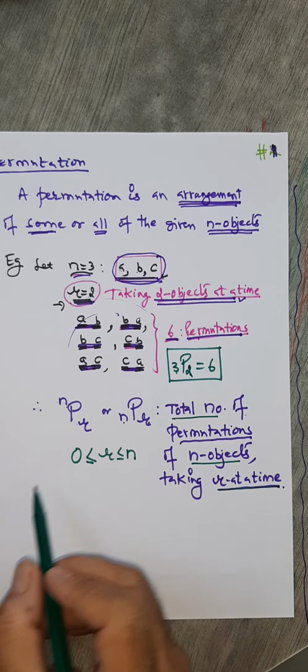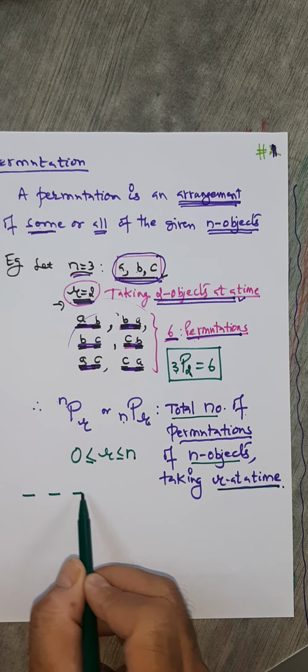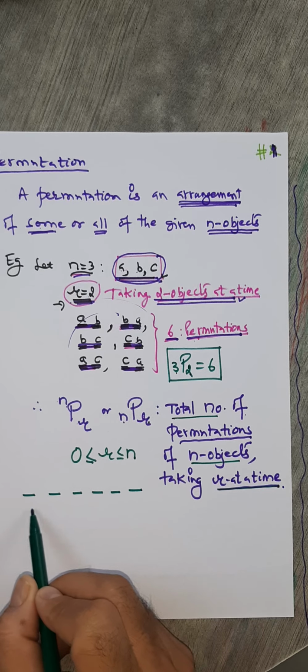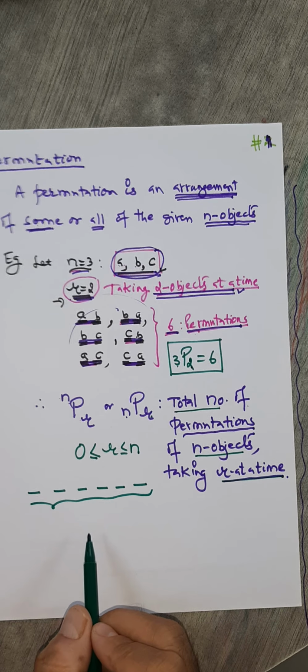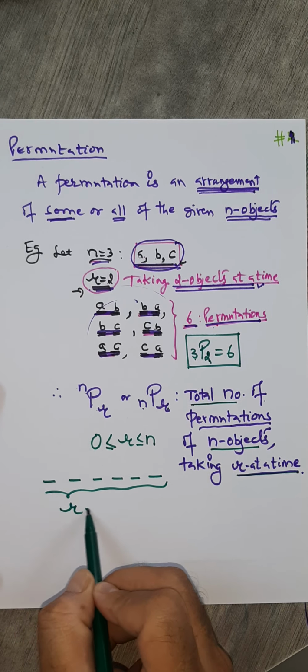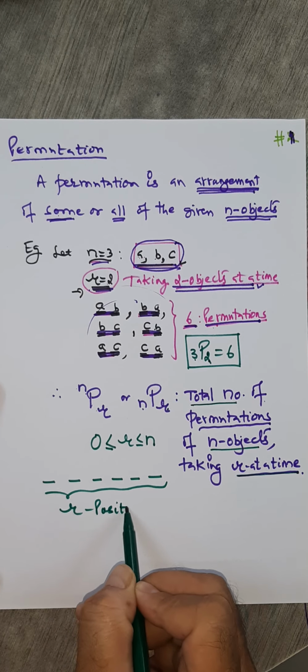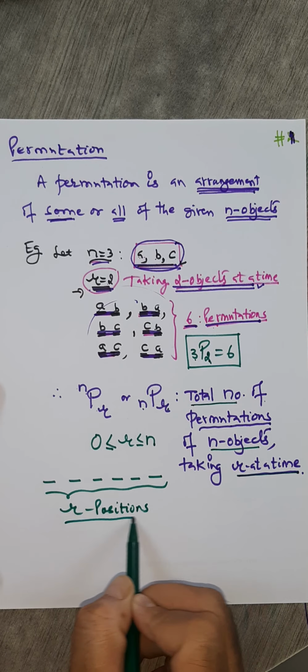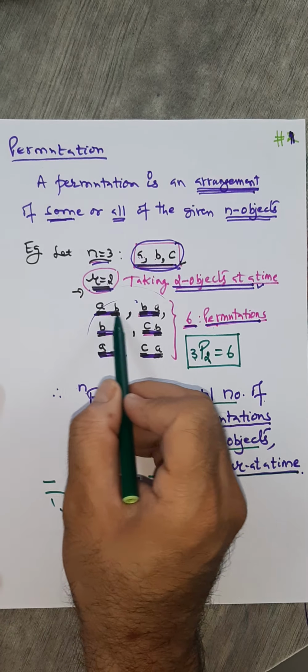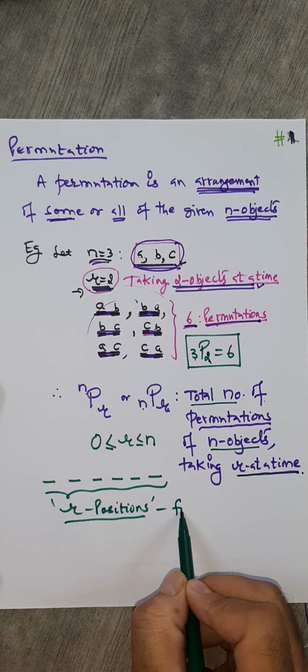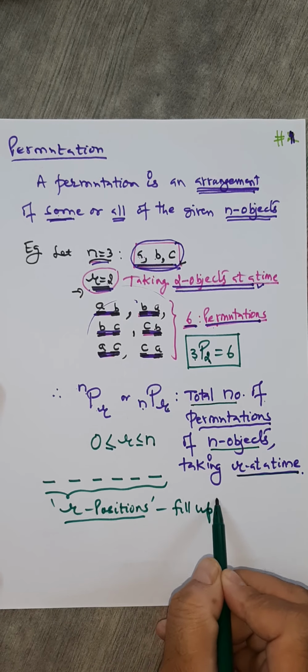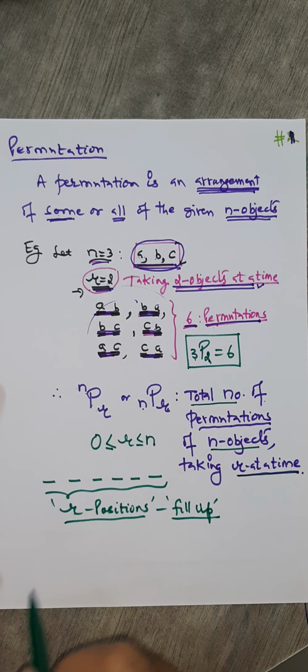When I write r here, that means there are r positions. How many positions? r positions here. You are going to fill up these r positions. Right, here how many positions you have filled up? r positions we are going to fill up, remember, if we are taking r at a time.